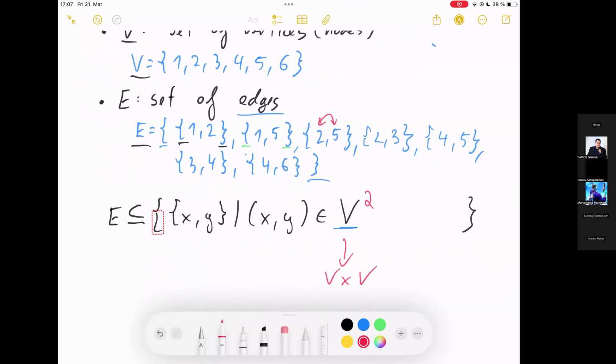And the Cartesian product returns me as the elements tuples. But I don't want tuples. I want to convert this tuple into a set. So I'm saying we have a big set that contains subsets where we have in these subsets the elements x, y, and x, y come from these tuples from the Cartesian product of V with itself.